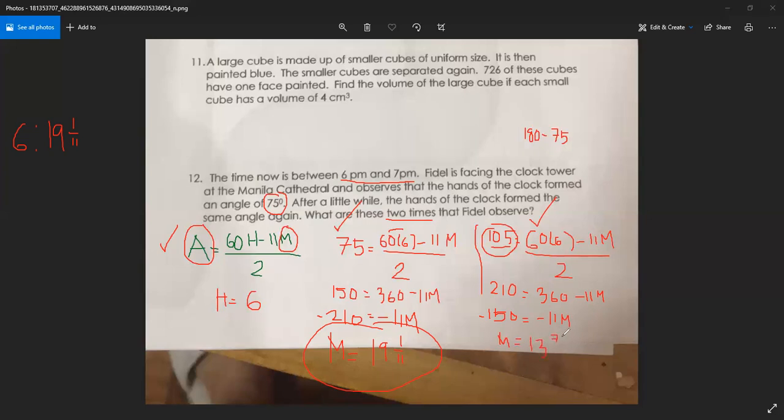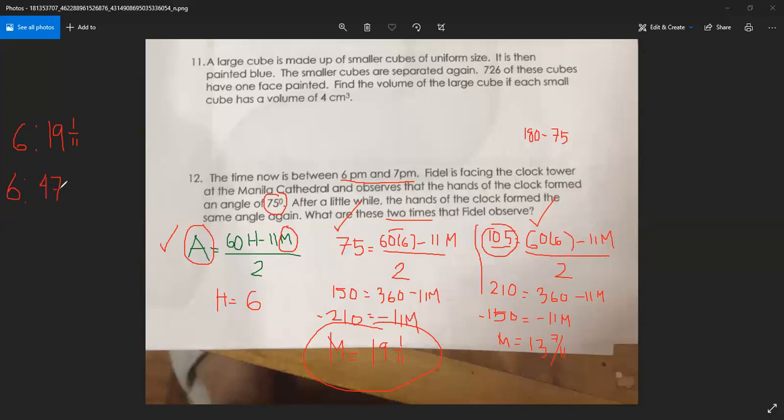Now, what are we going to do here? We are not going to add it to 6 o'clock. We are going to subtract that number from 7 o'clock. First, 7 o'clock minus 13 minutes, and that would be 6 o'clock and 47 minutes.